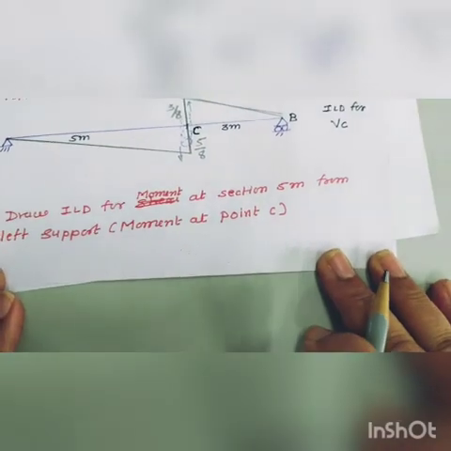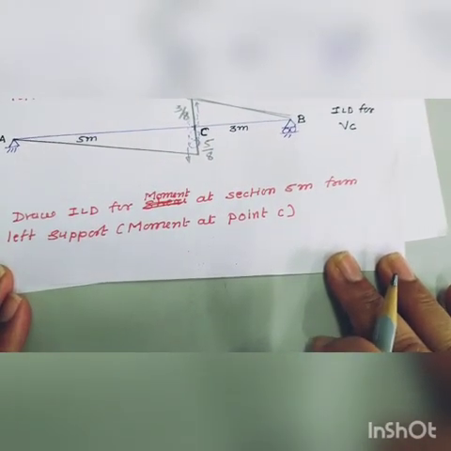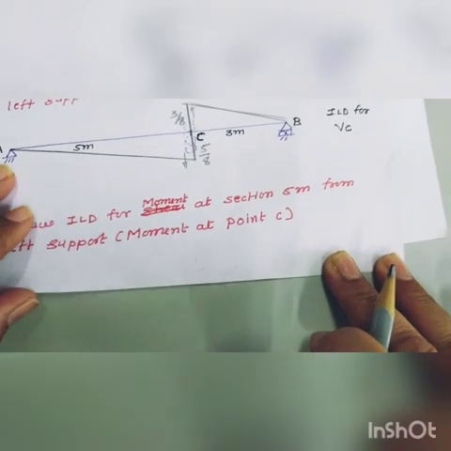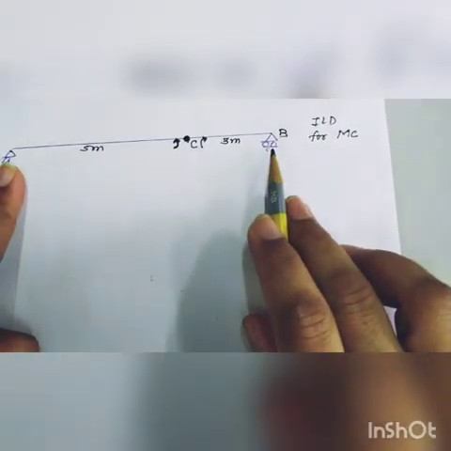Next step is to draw the influence line for moment at a section 5 meter from the left support, that is, moment at C. For the moment at C, draw the simply supported beam as it is.